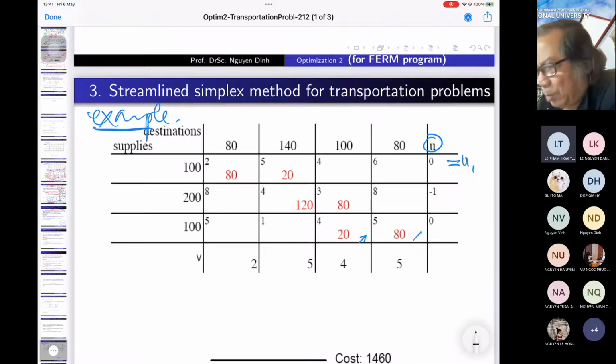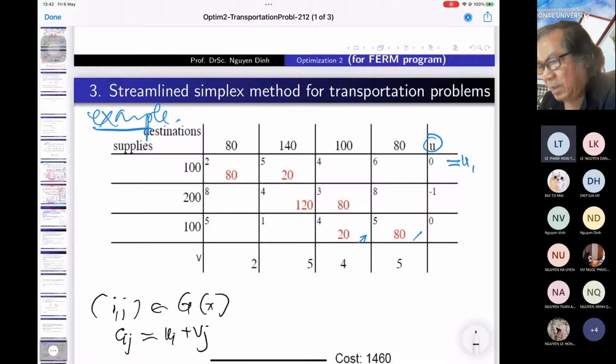For ij belonging to GX, you have Cij equals ui plus vj. Look at this one.